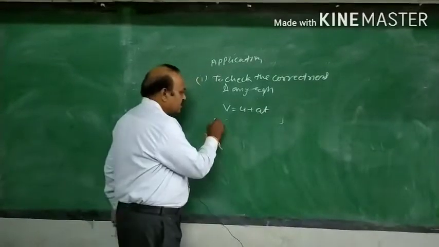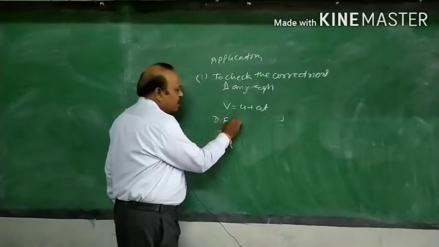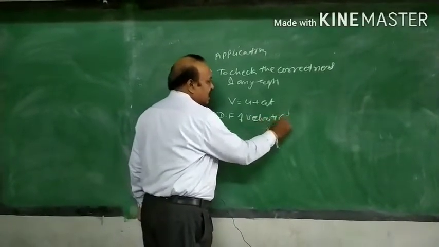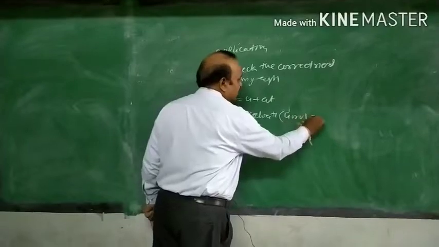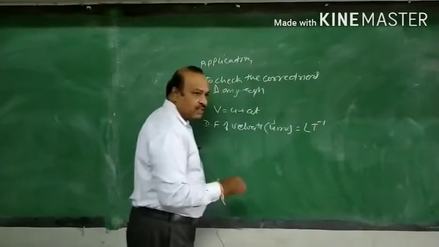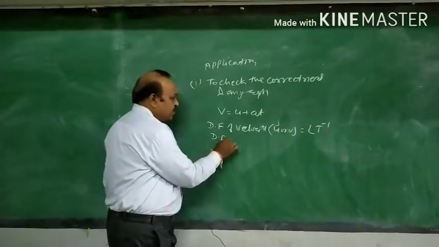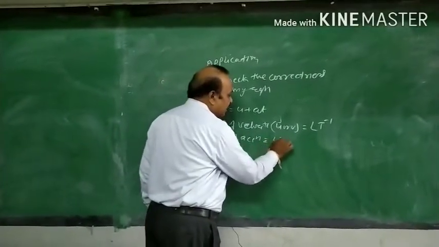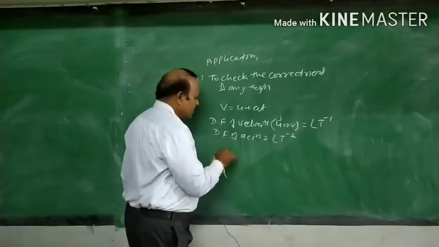You know the dimension formula of velocity, either U or V, is L T to the power minus 1. The dimension formula of acceleration is L T to the power minus 2.